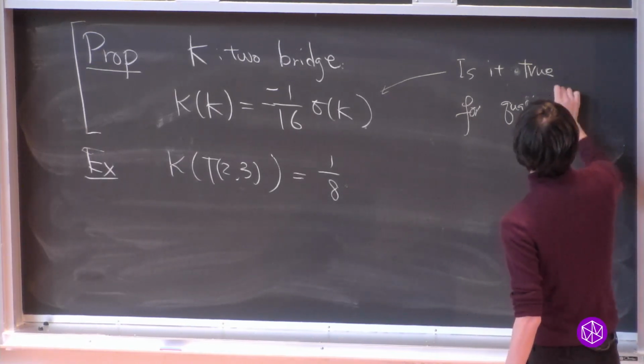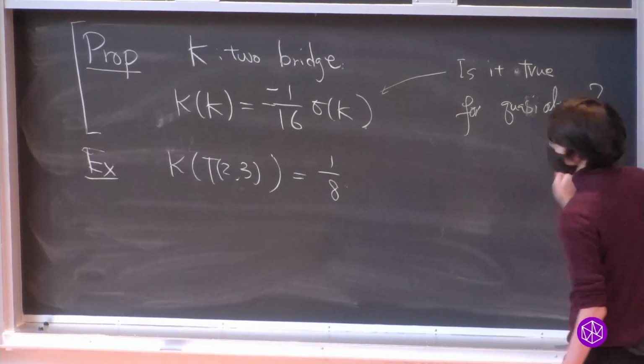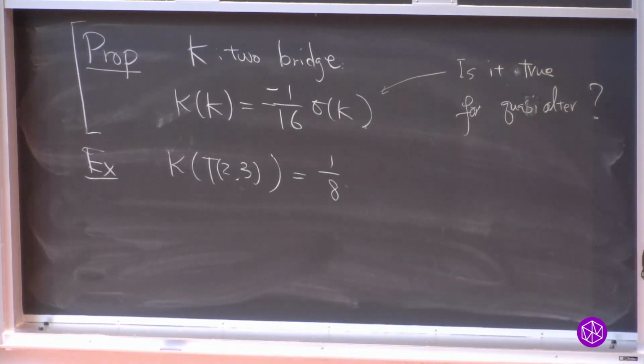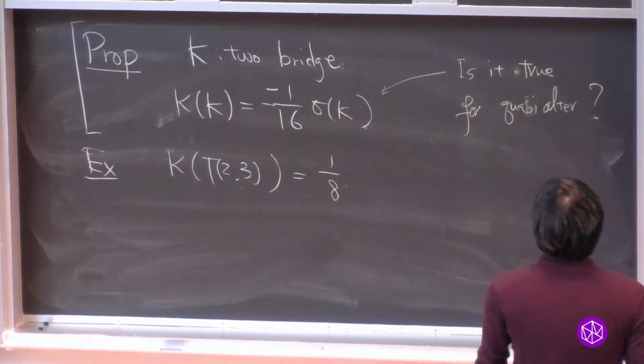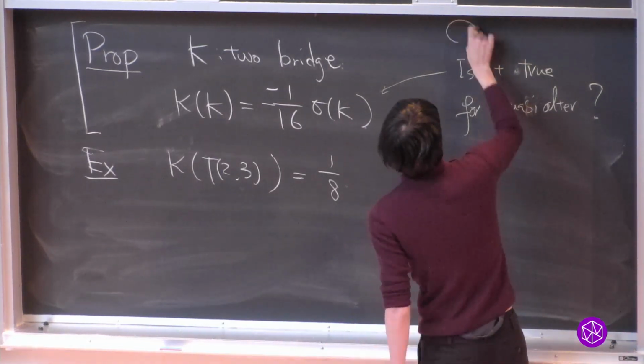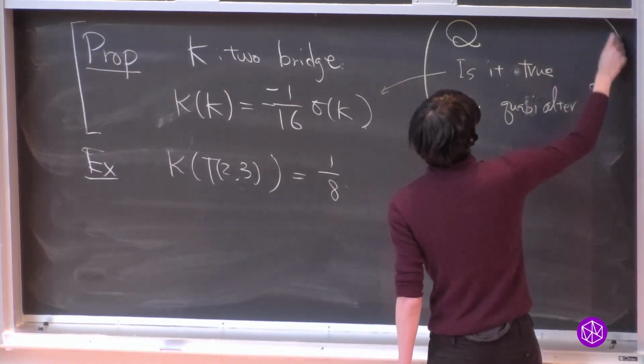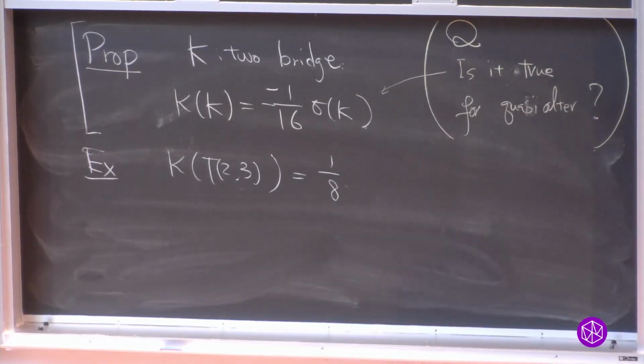You don't even know it for alternating. You really only know it for two-bridge. Only for two-bridge. But yeah, so this is the question. Yeah, an open question. Is it true for quasi-alternating? There's no counterexample at the moment.